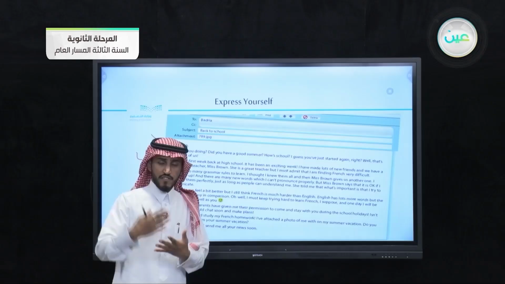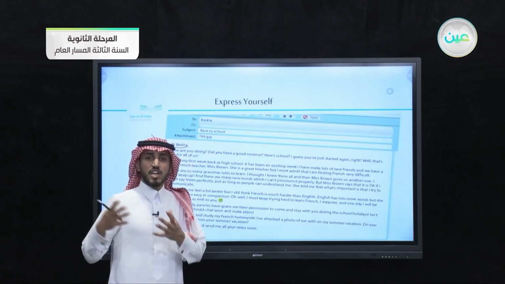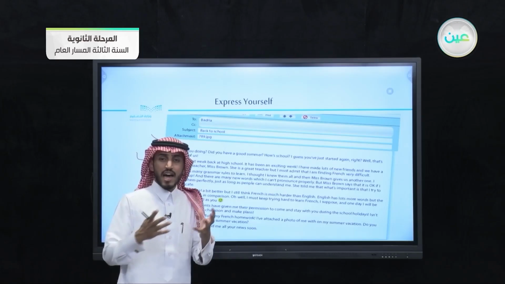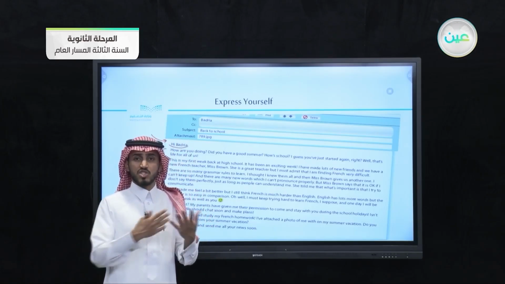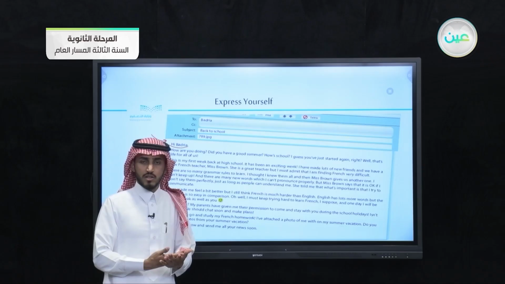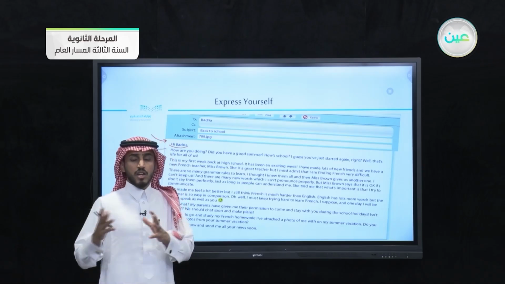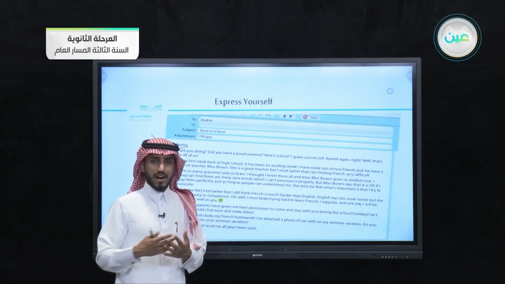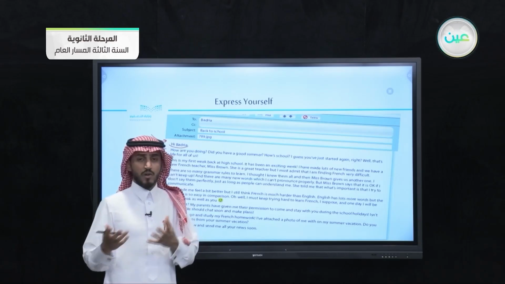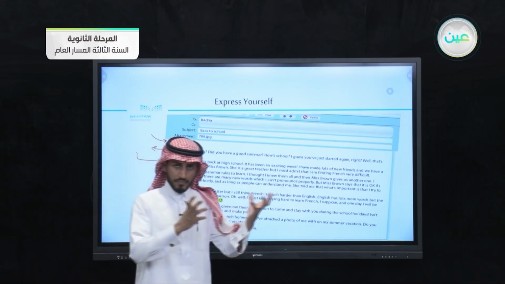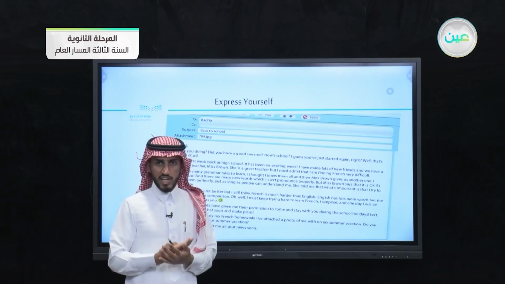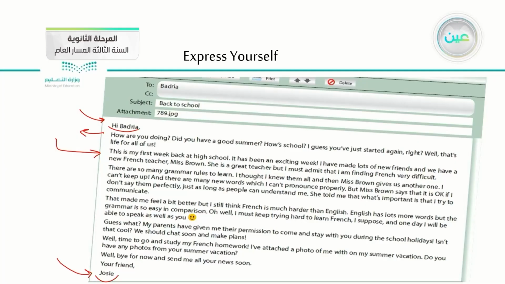Okay, in the second paragraph, the sender started talking about the topic that he or she wants to discuss. She started talking about how she started studying French and her opinion toward the language, that French is very difficult.